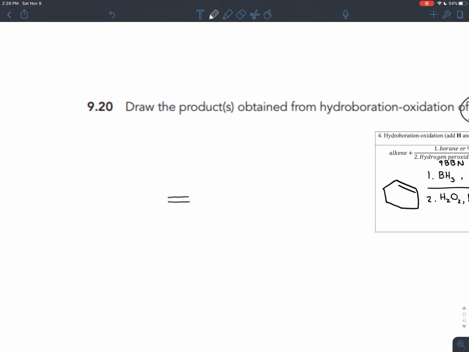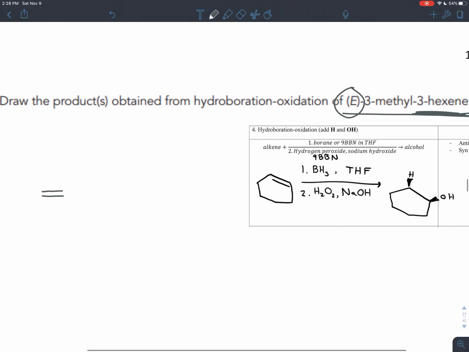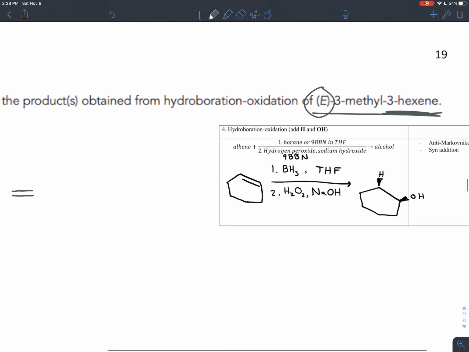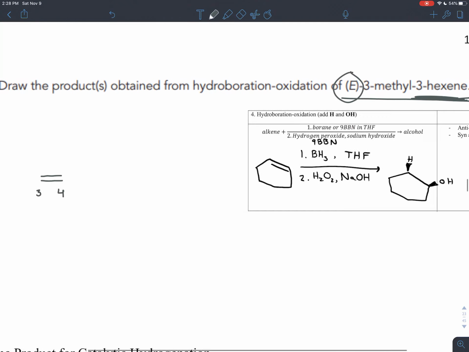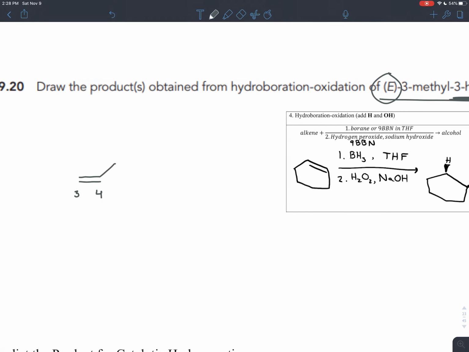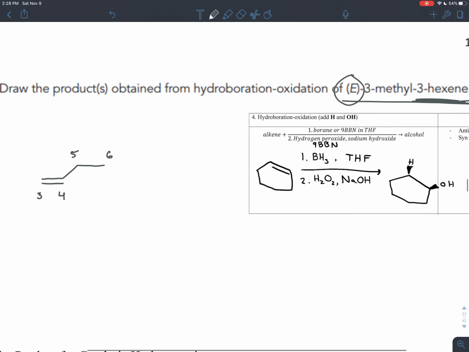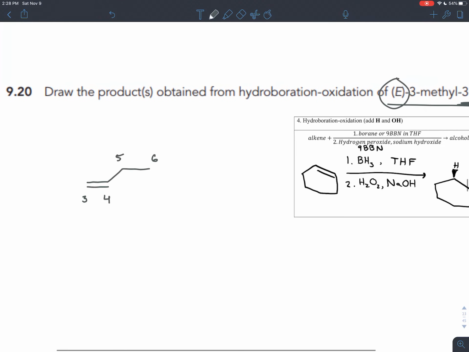So start by drawing this double bond here. And actually, this is going to be on carbon 3. That means it'll go to carbon 4. We know it has to go to 5 and 6. And we also know that it needs to go to 1 and 2. But will it go up 1 and 2, or will it go down 1 and 2?